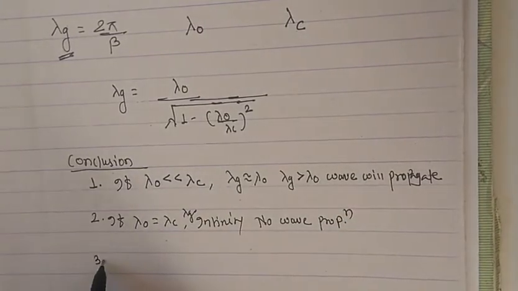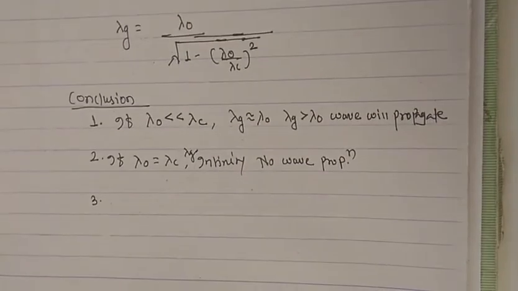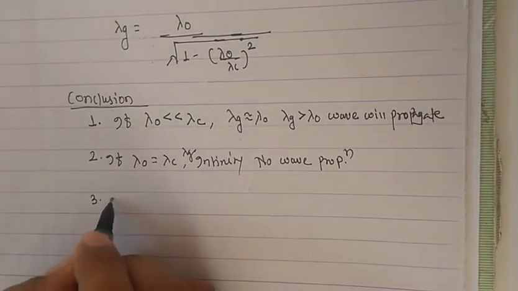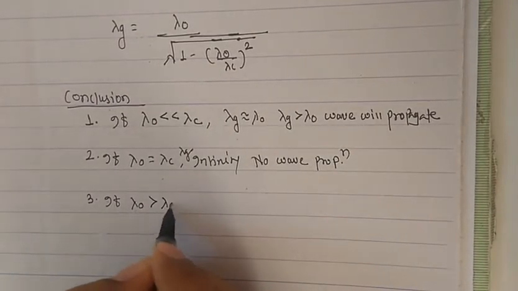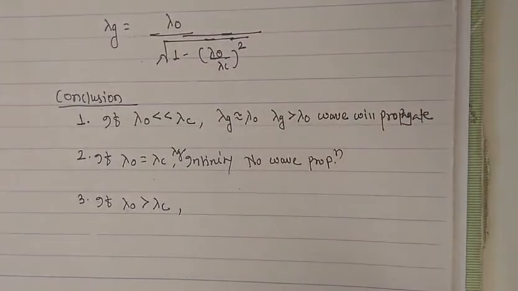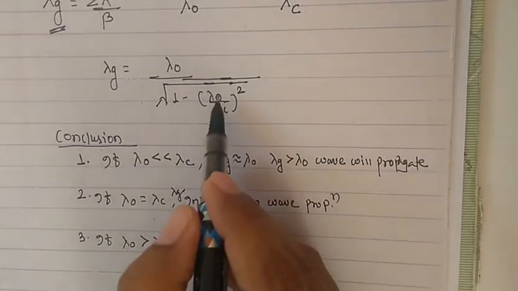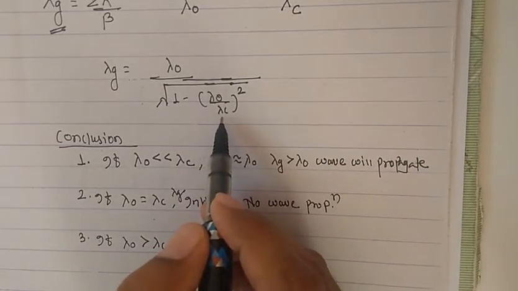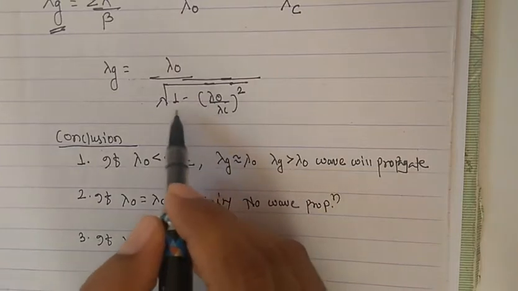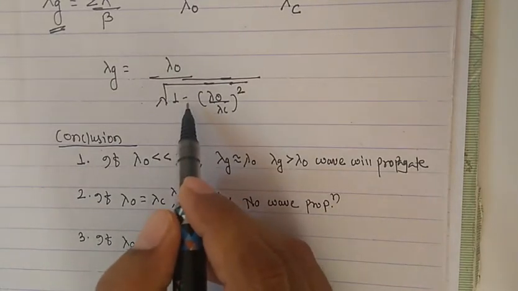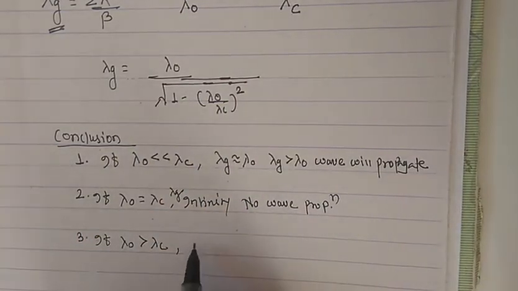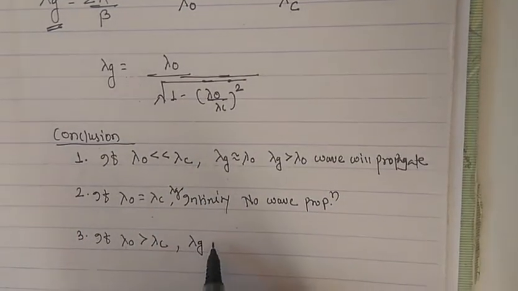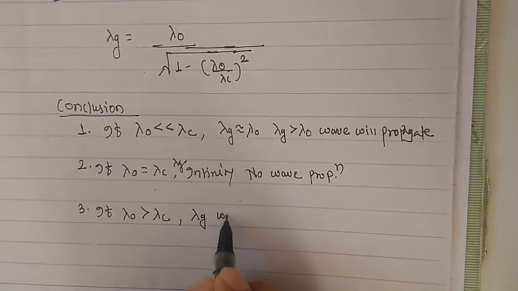And the third possible conclusion: if lambda 0 is greater than lambda c, then this will be a negative quantity and the square root of that will be imaginary, so lambda g will become imaginary.